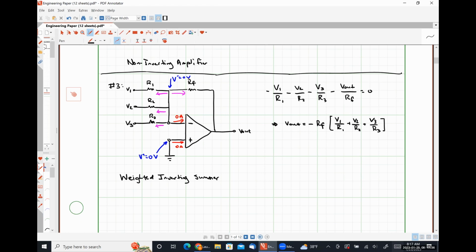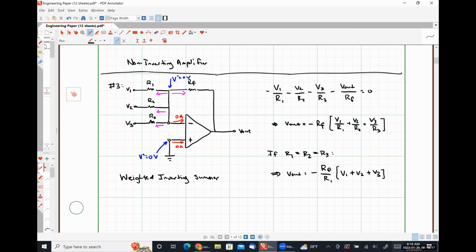And each of the input voltages is scaled by a different amount. So it's a weighted addition, okay? Now, if R1, R2, and R3 were all the same thing, our output voltage would simply be negative RF over R1 times V1 plus V2 plus V3.